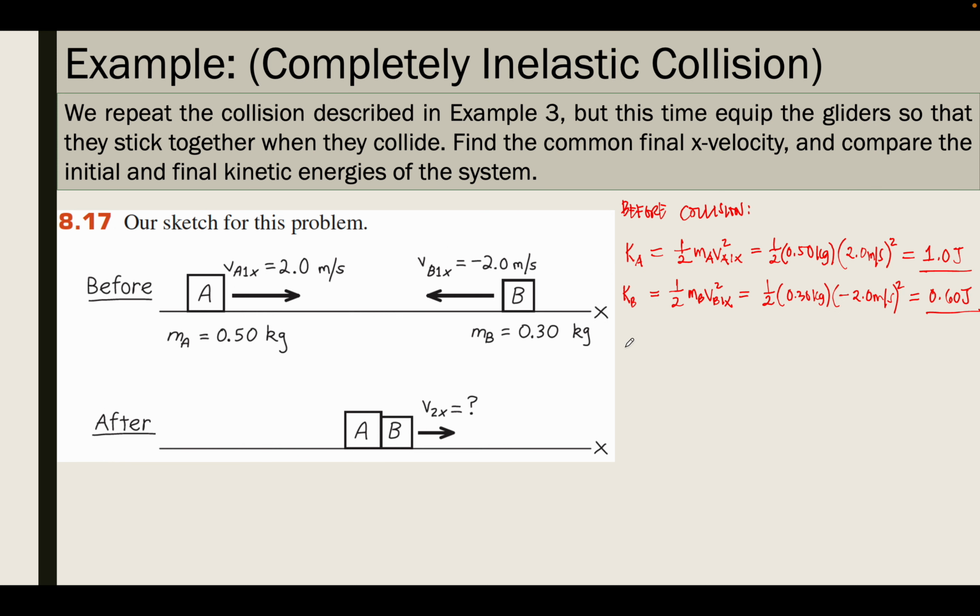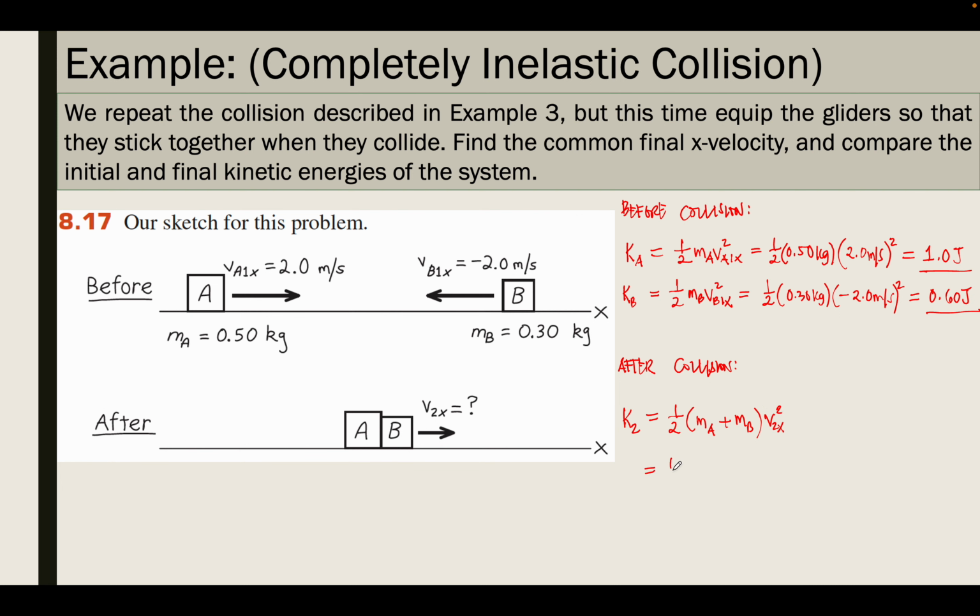Now, how about after the collision? So after the collision, these two gliders have one final kinetic energy, which is K2. So K2 is equal to 1/2 times the sum of the masses of these two gliders, MA plus MB, times V2x squared.